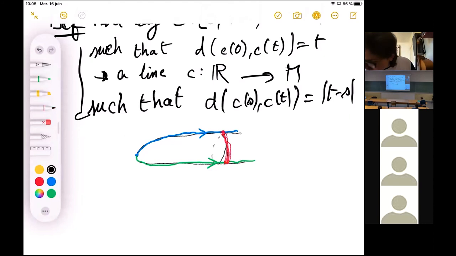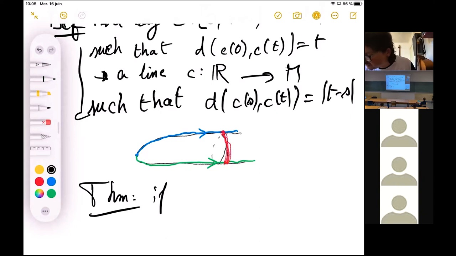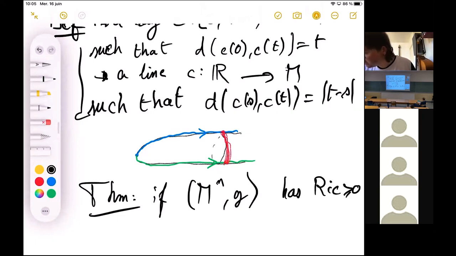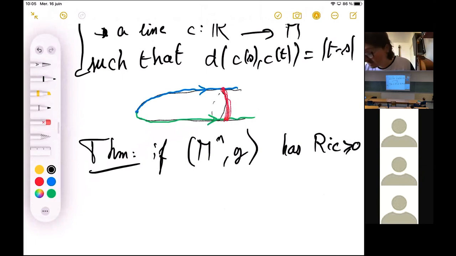Okay, now let's give the statement of the theorem. It's the Cheeger-Gromoll splitting theorem. So if M, g has non-negative Ricci curvature, is complete, I always assume completeness, and has a line.